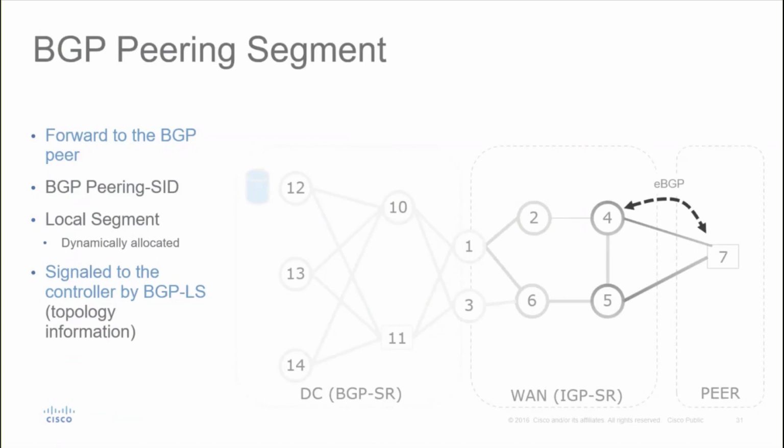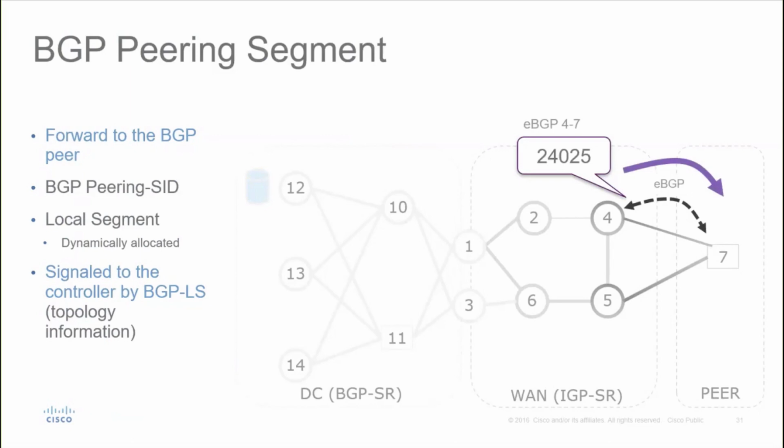In this particular case, and with the same goal as the IGP Adjacency SID, anytime you have an eBGP neighbor where you enable the BGP Peering Segment, router number 4 in your control will also allocate a label for that eBGP neighbor. So in this example, let's say it is the label 24025.